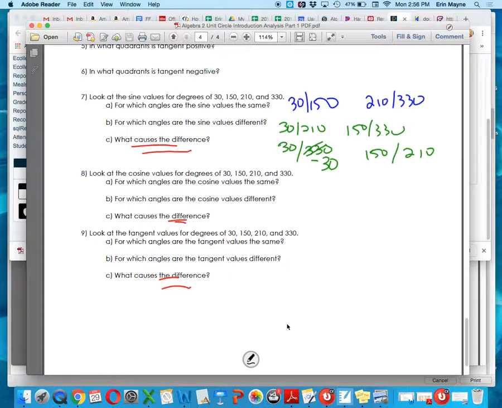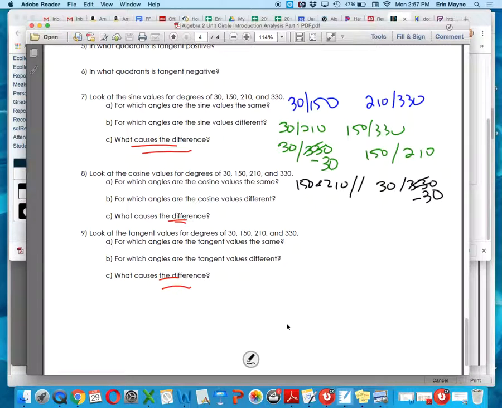Give me a pair of angles that are the same for cosine, Nick. 150 and 210. Give me another pair, please, Alex. 30 and 330. Now, what did we just say, for instance? Watch this. What's coterminal with 330?